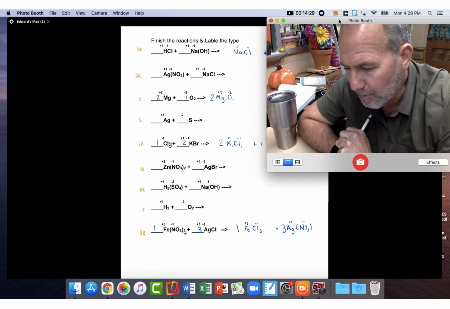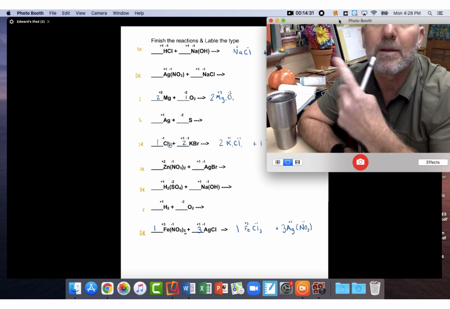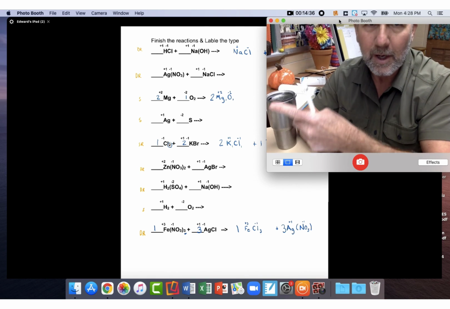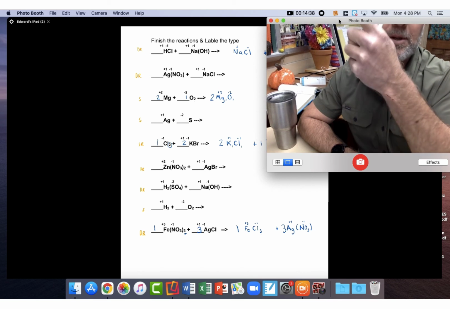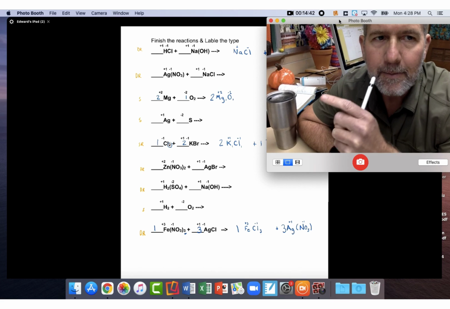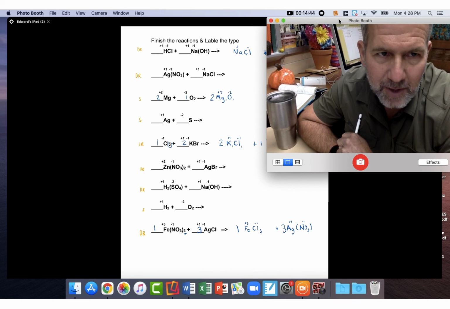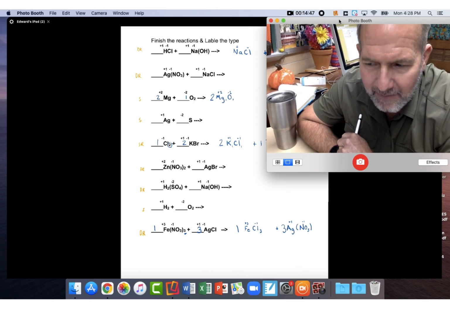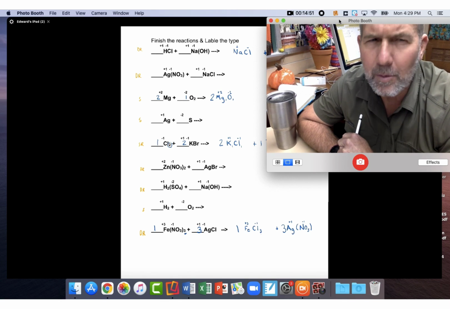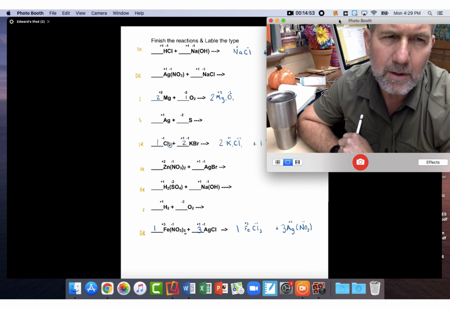If you ever get to a point where you're balancing and balancing and balancing, and it's going around in a spiral, and the numbers, the coefficients keep getting larger and larger and larger, and it never seems to stop, well, you are in the death spiral. That means that you have accidentally forgotten a subscript or put a wrong subscript or something's weird.